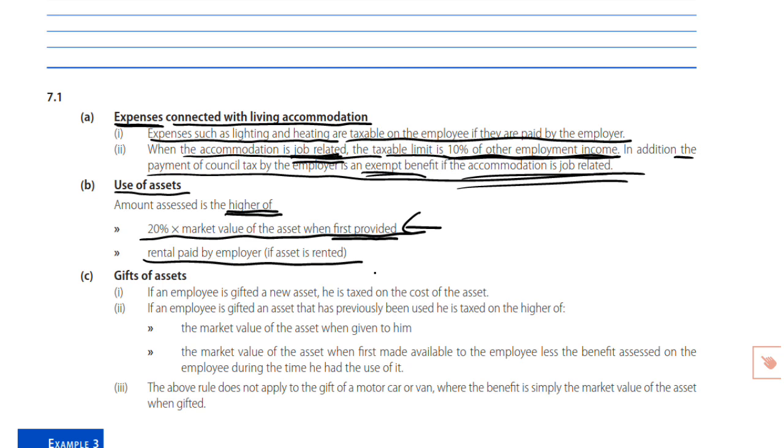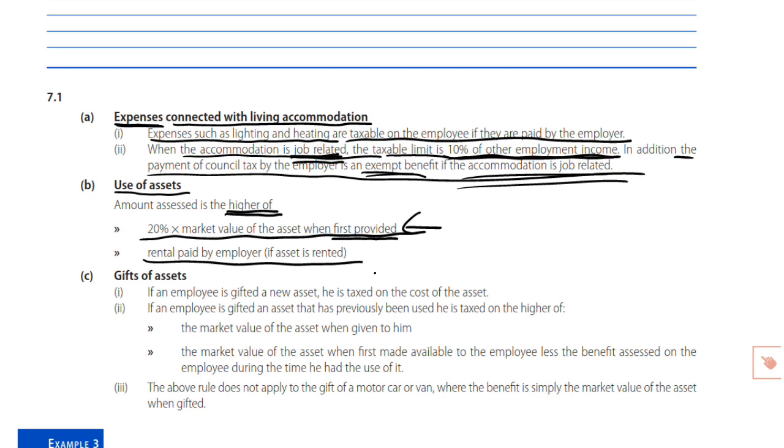This is a generic rule by which we would normally compute an assessable benefit. But where we have certain other ones where there is a specific rule, like there is with cars, like there is with vans, there those rules apply.